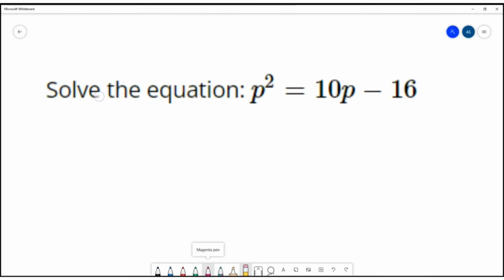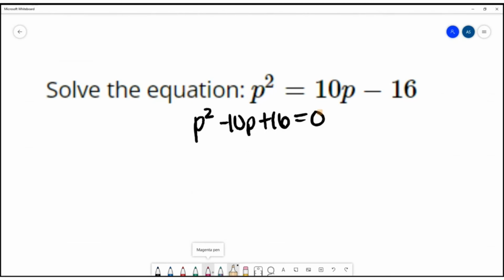On this example, we want to solve the equation p squared equals 10p minus 16. We want to start by collecting all the terms on the same side. That gives p squared minus 10p plus 16 equals 0.